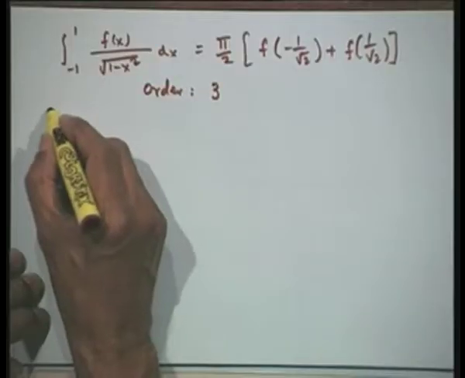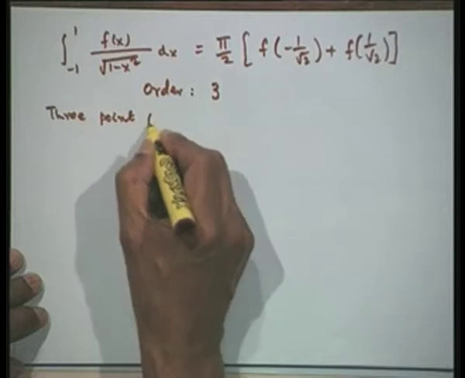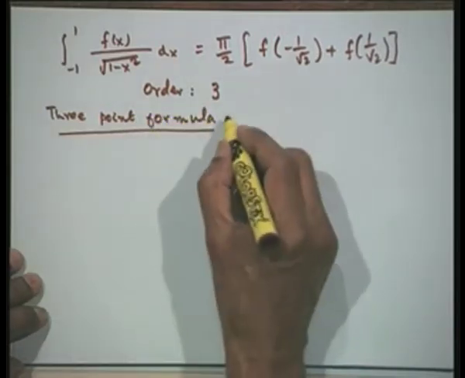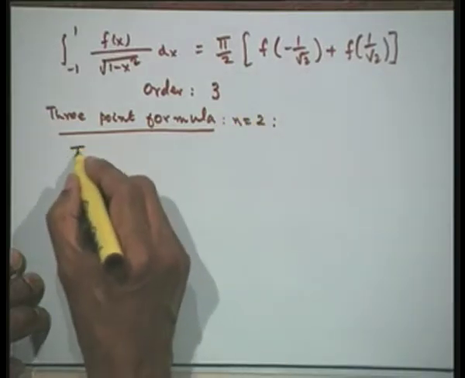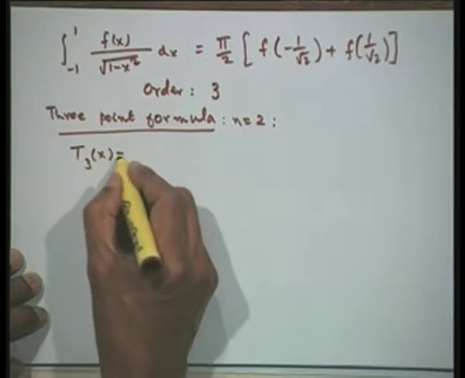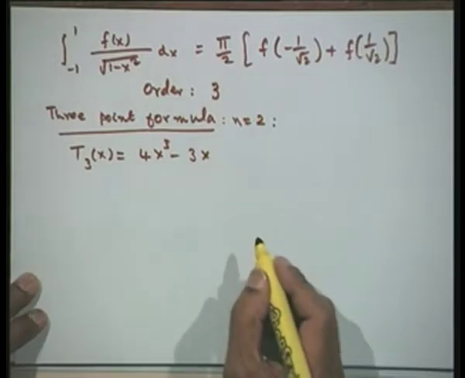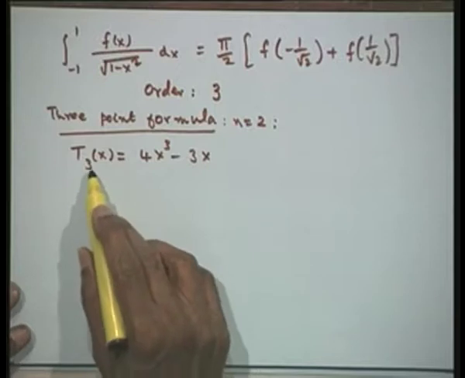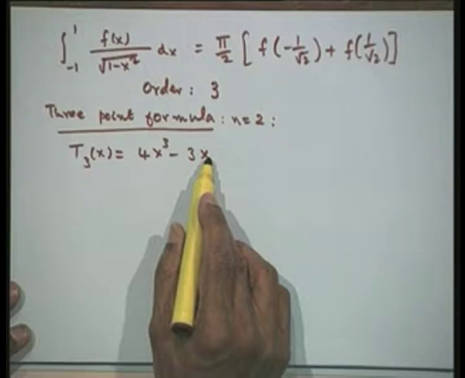Now let us derive one more formula before we take an example. Let me take the 3 point formula. Therefore I need to take n is equal to 2 and the polynomial is t3 of x, which is defined as 4x cubed minus 3x. N is equal to 2, therefore the Chebyshev polynomial of order 3, that is t3 of x, is 4x cubed minus 3x.